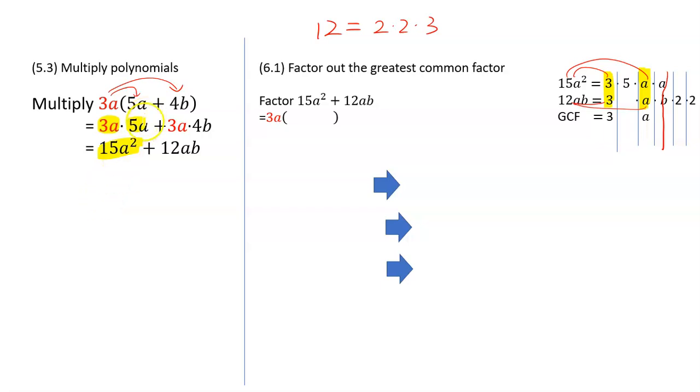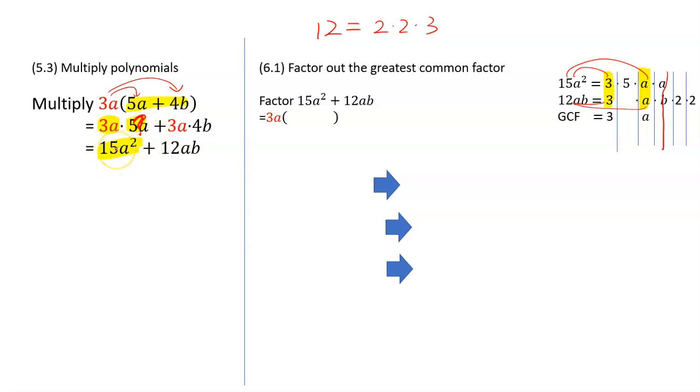And that 5a is what we're looking for. We already got 3a, which is the GCF. We need to find 5a and 4b. But notice that 15a squared comes from multiplying these two. So if we already know one of them, how do we find the other? If I put this as a question mark, it's like asking us 3a times what will give us 15a squared.